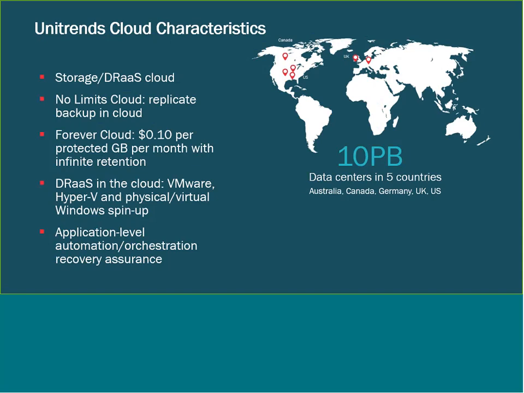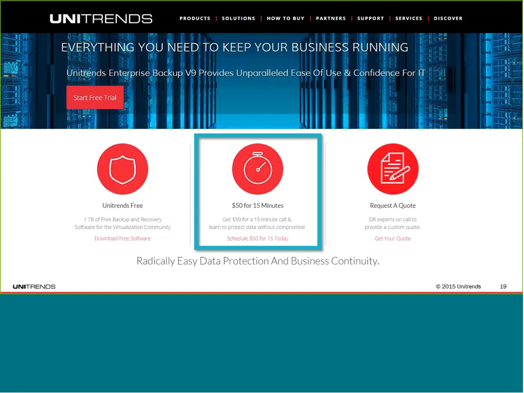So no matter what your application happens to be, we can spin that up in the cloud, continue operation in the cloud, secure VPN your customers and your employees to those applications, and continue business as long as your primary site is down, or you have an outage, or you're doing maintenance at your primary site. We also integrate application automated recovery assurance and orchestration into that cloud.